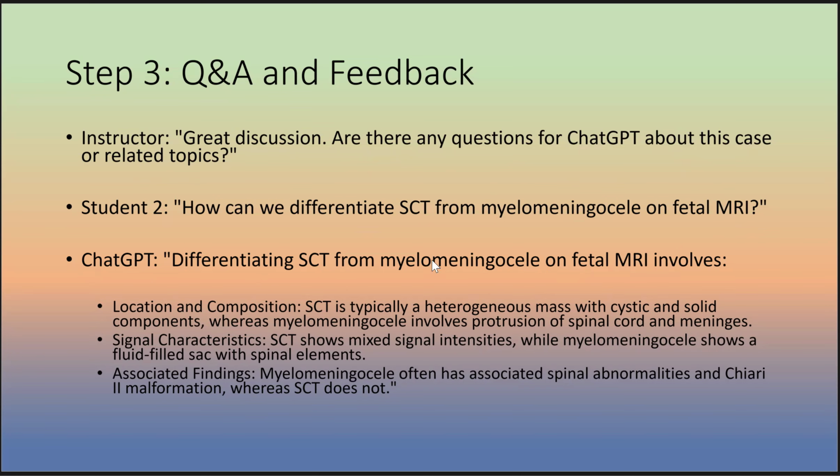ChatGPT: differentiation of sacrococcygeal teratoma from myelomeningocele on fetal MRI, location and composition. Sacrococcygeal teratoma is typically a heterogeneous mass with cystic and solid components, whereas myelomeningocele involves a protrusion of the spinal cord and meninges.